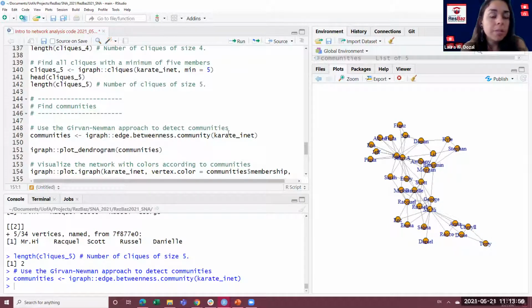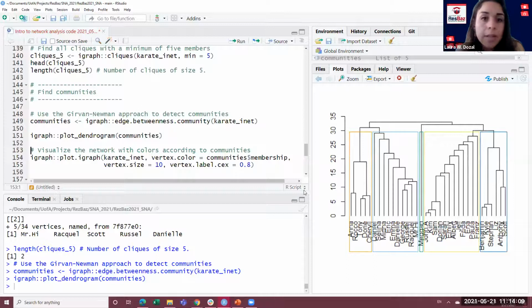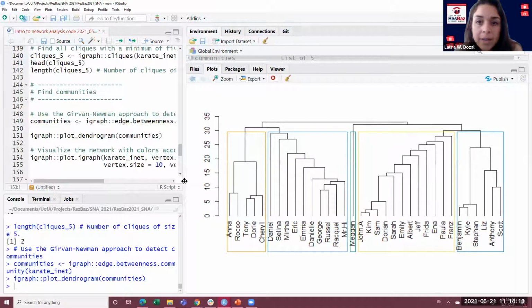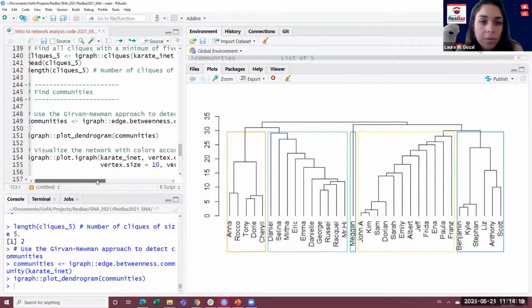Okay, so now we're going to plot our communities in a dendrogram. So kind of like the plot that I had before. And here we see that there are 5 communities within this round.